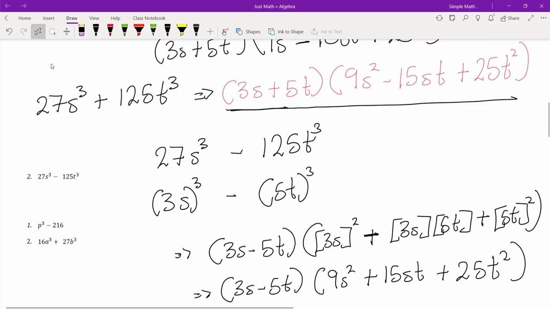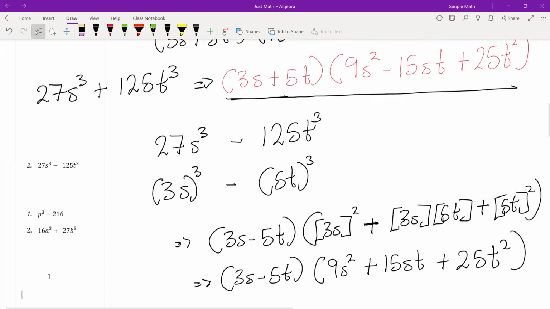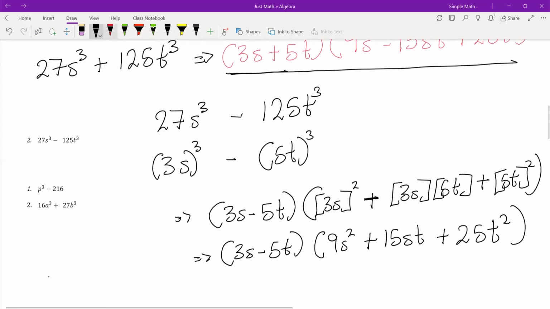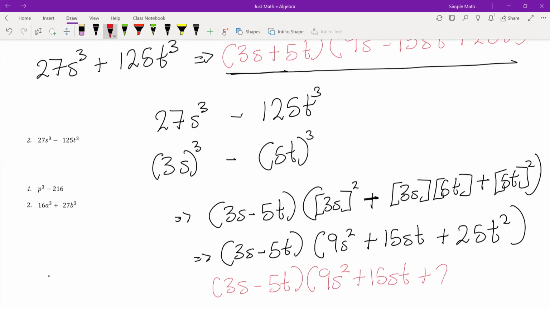I always like to put my final answer in red, just to be sure. So (3s minus 5t)(9s squared plus 15st plus 25t squared). Wonderful.